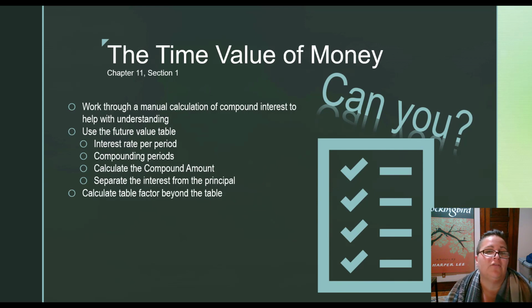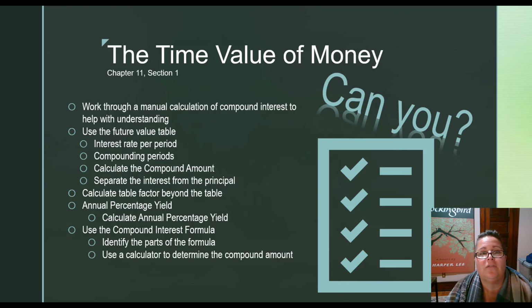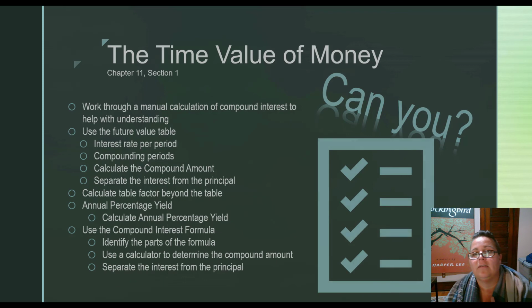Are you familiar enough to be able to calculate a table factor beyond the table? You will have resources, so while I've talked you through that type of problem, do you feel like you could do so yourself? Could you calculate an APY or an annual percentage yield? Could you use a compound interest formula, including identifying and finding each part of the formula and using a calculator to find the actual compounded interest? And of course, separating that interest from the principal. This is a lot of things in this presentation. Do you feel comfortable doing all of these things?